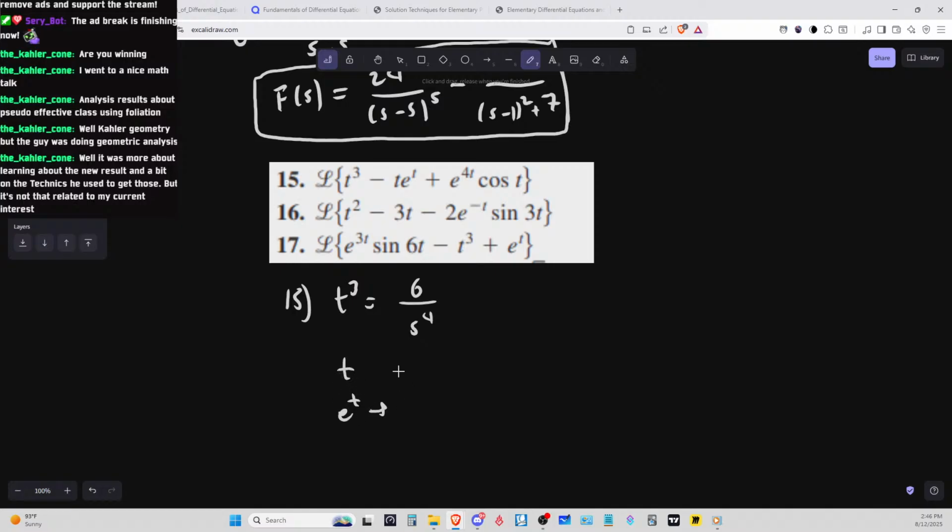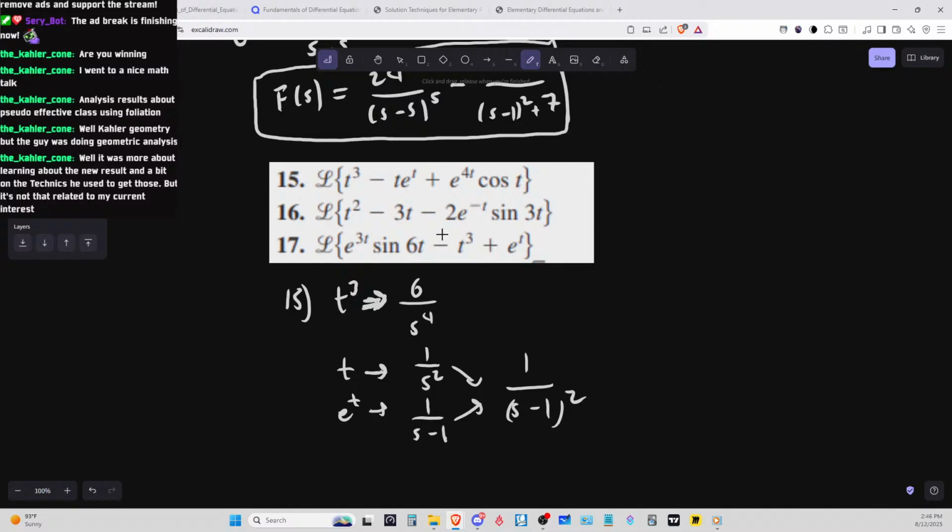This one's going to lead us to... actually, this should be an arrow. This one's going to be s to the 2nd. This is going to be s minus 1. And together they should make s minus 1 squared.